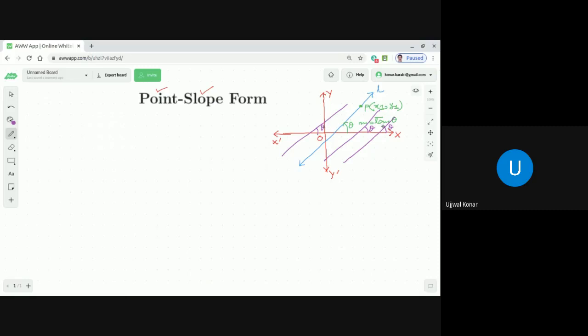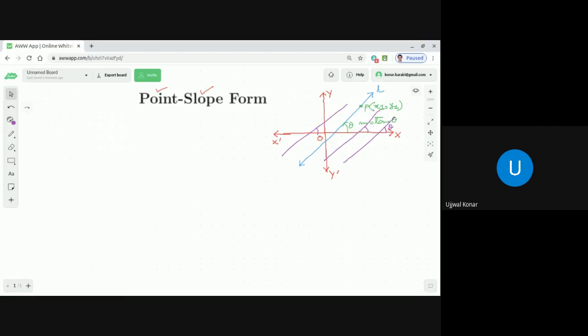But all these lines, which I drew in purple color, are not passing through the point (x1, y1). In the previous case, there were different straight lines passing through the point (x1, y1), but not having the slope m, that is tan theta. So with only one piece of information, we cannot find the equation of a straight line uniquely. Both pieces of information are important.